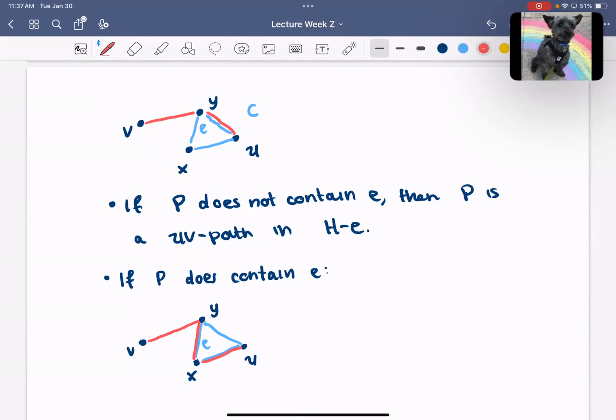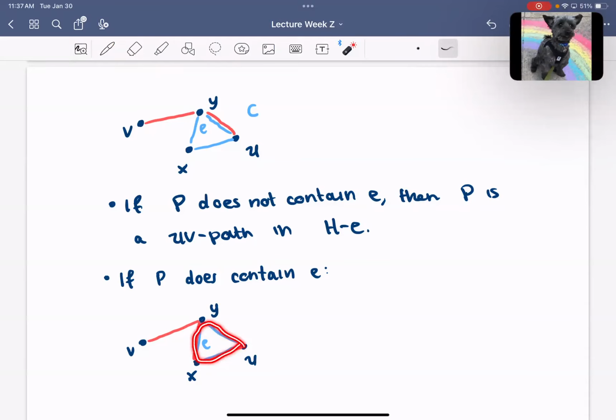Okay, so what should we do instead? How do we get a path from U to V that does not go through E? Yeah, walk the other way around the cycle. Yeah, exactly.